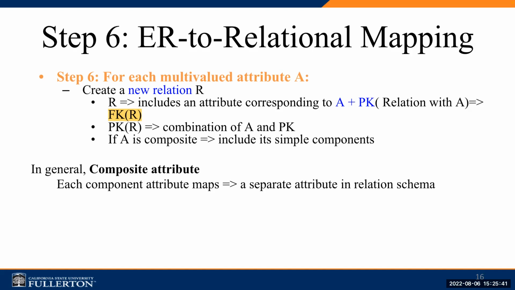And the primary key of this new relation is going to be the attribute A along with the primary key of the relation which has the A attribute. Now, if A is composite in nature, then you would include all the simple components.